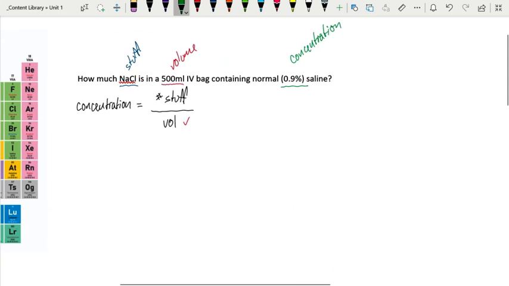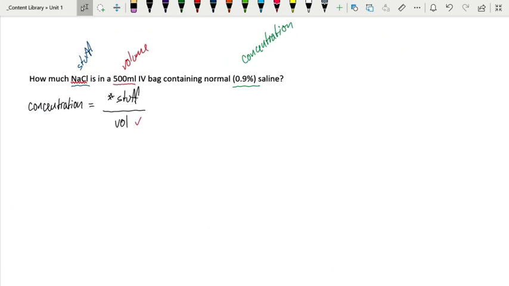This is something that we want to make sure we understand. For percent solutions, the units of percent are grams per 100 milliliters. For other things, for molarity, for example, if we had a problem about molarity, big M, and we'll talk about this in just a minute, the units of molarity are moles per liter.